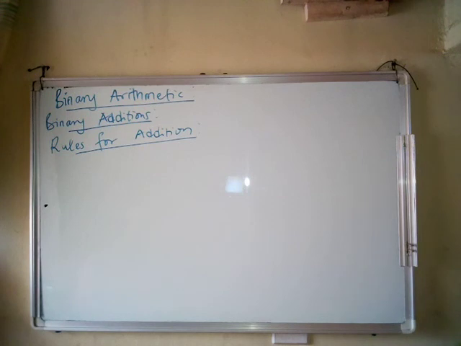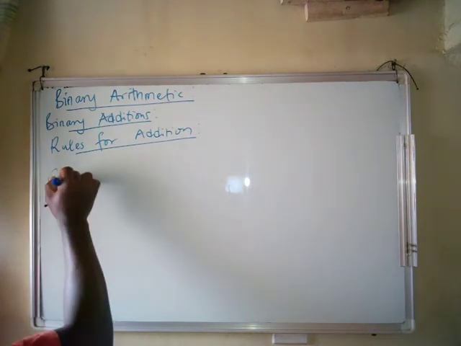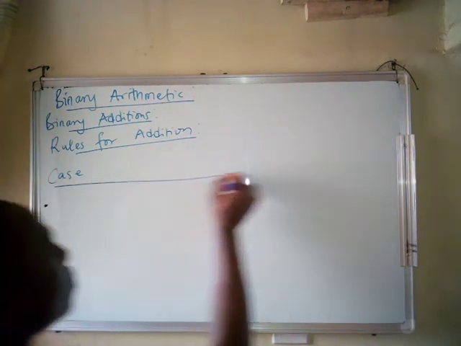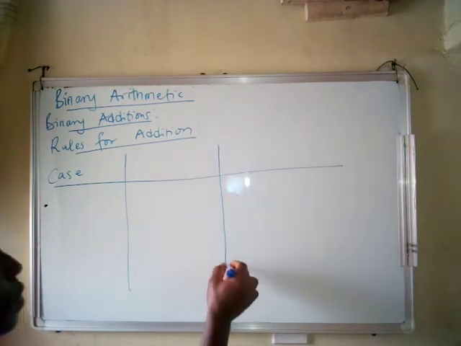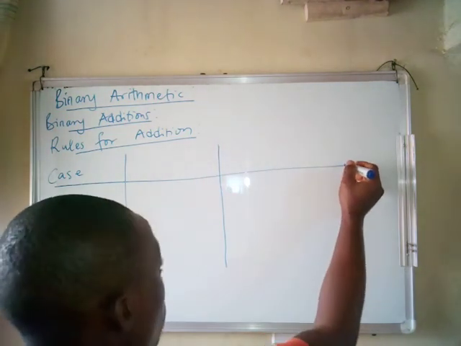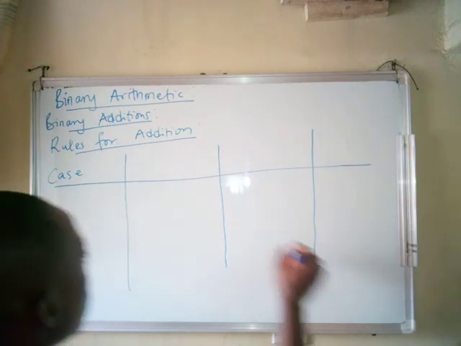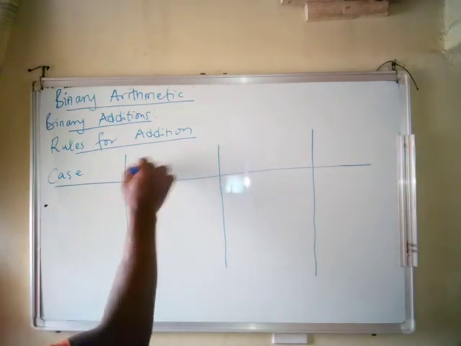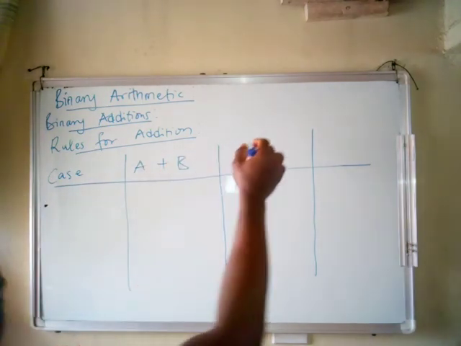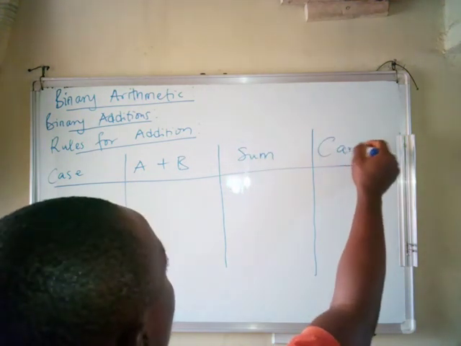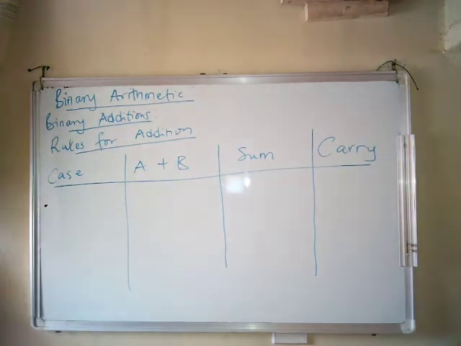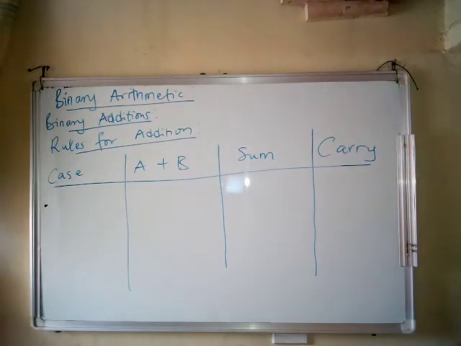So we'll look at the rules for all of them. Let's say I have a case. This is what the table is going to look like. You have A plus B, and you have the sum, and when you need to carry.